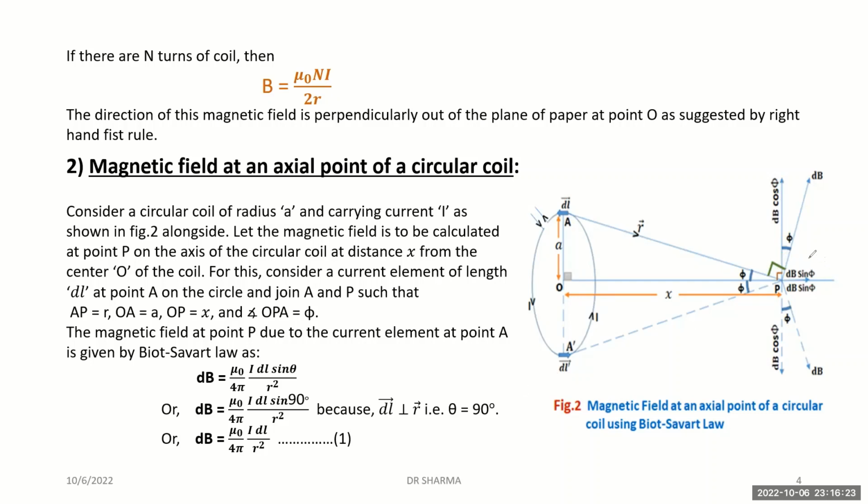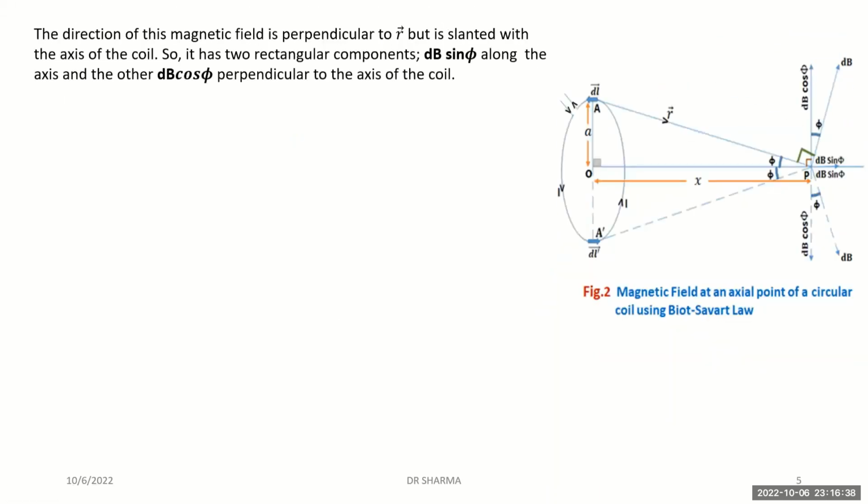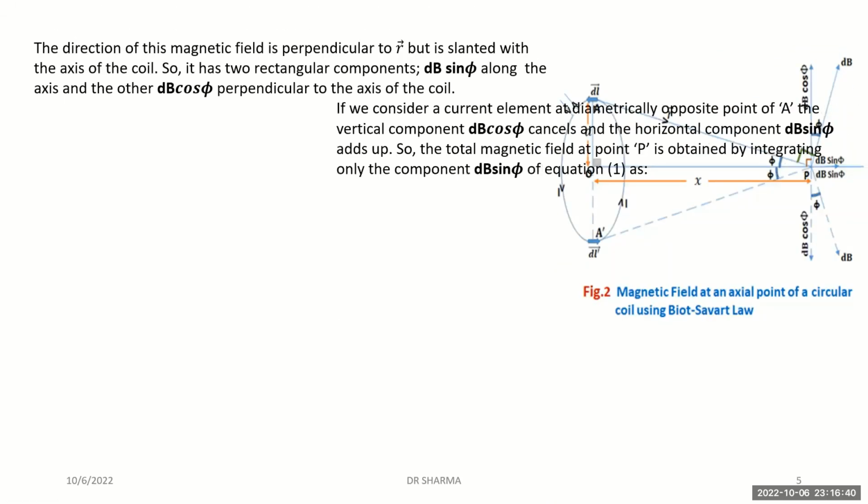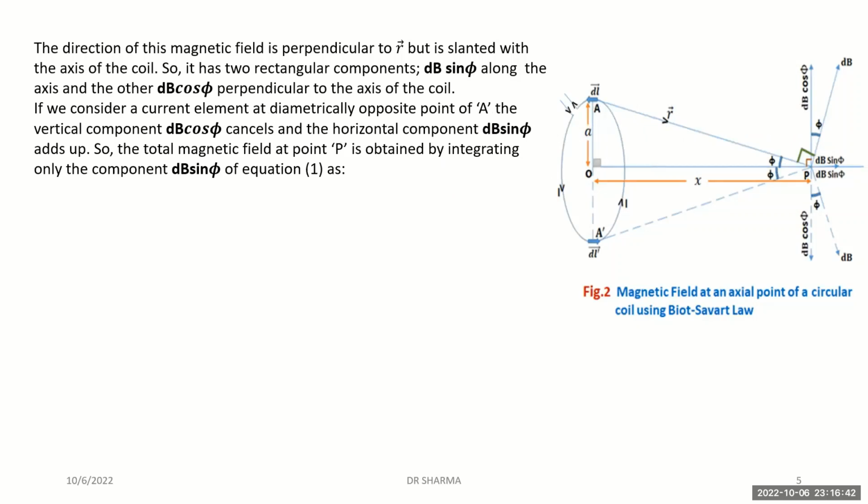Just integrate the horizontal component of this elemental flux density to get the total magnetic field at point P. Yes, so we integrate only the dv sin phi component.